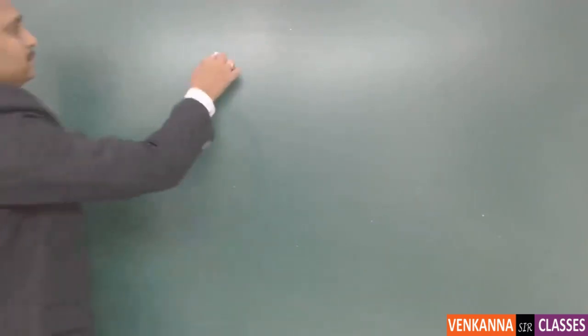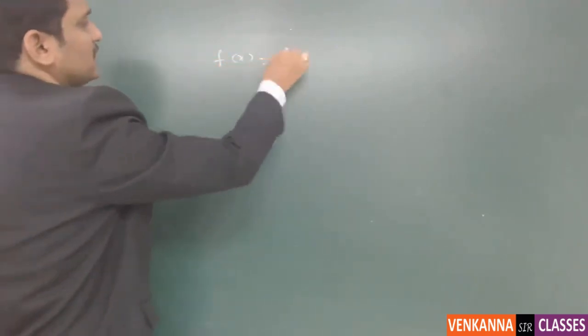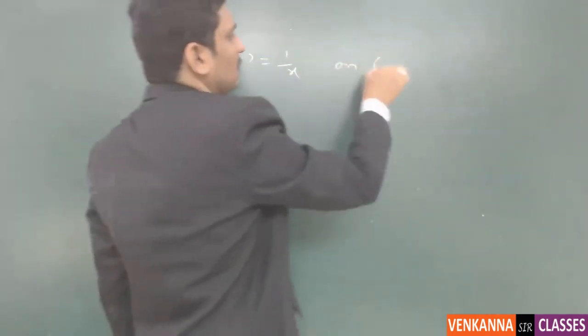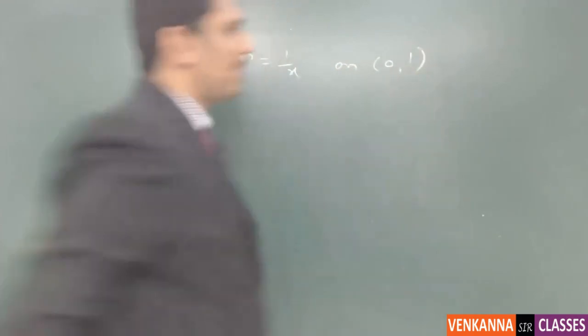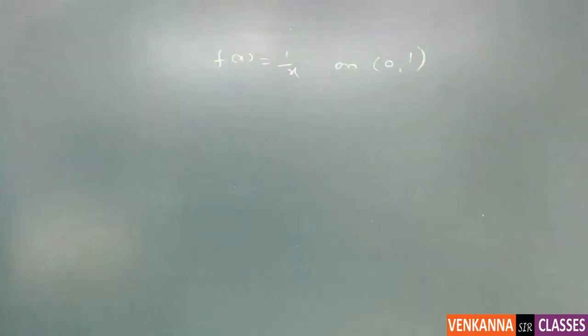So I just want to give one small example, then we can conclude our discussion. Take the function f of x equal to 1 by x on the open interval 0 comma 1. Since the interval is open and the function is 1 by x, it is continuous there.